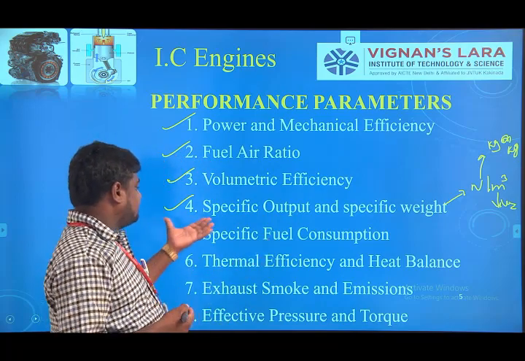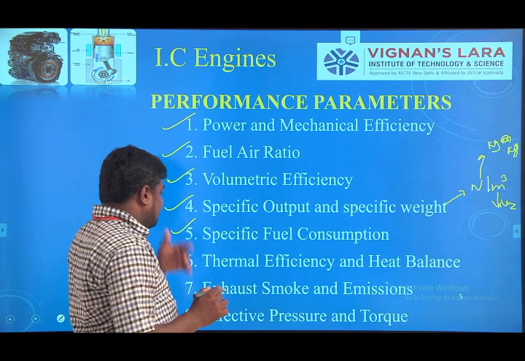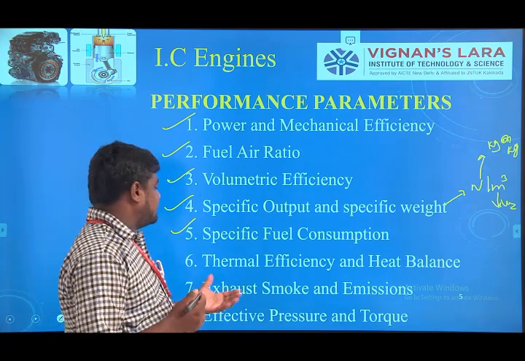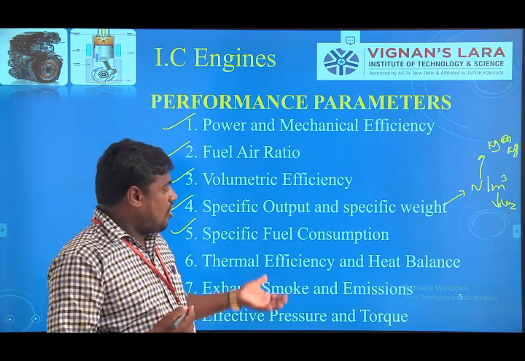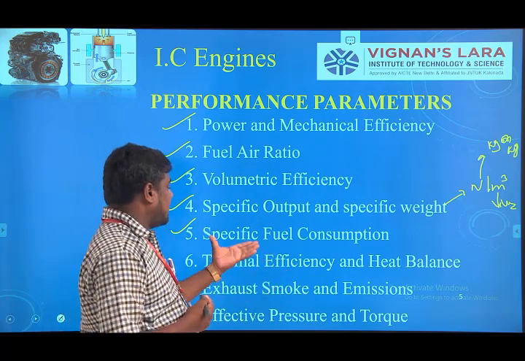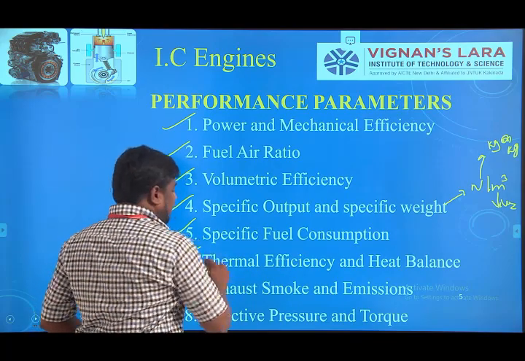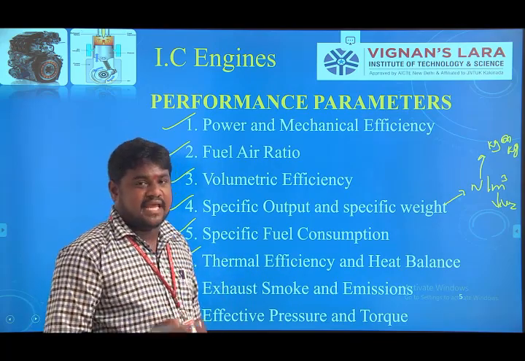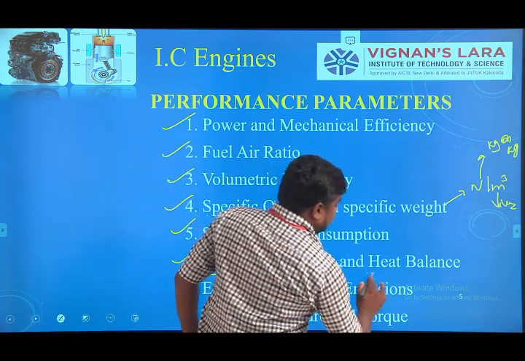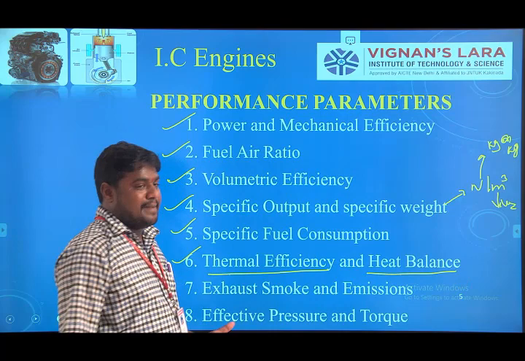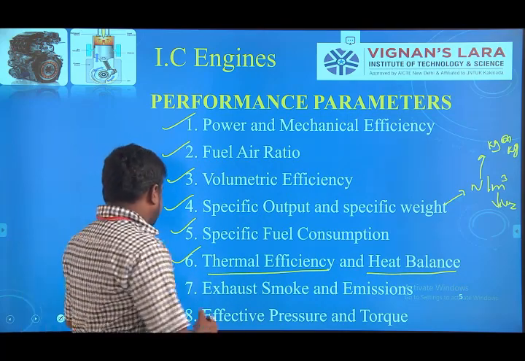The fifth point is specific fuel consumption: how much fuel is consumed in the engine. Then the sixth is thermal efficiency and heat balance: how much heat is balanced in the engine.